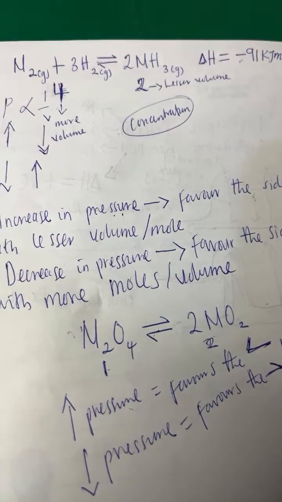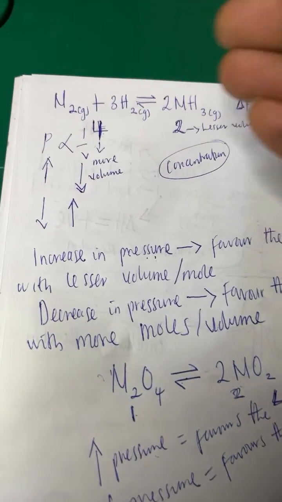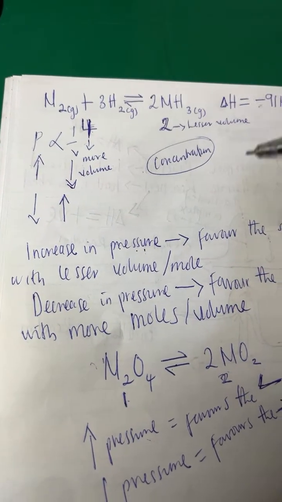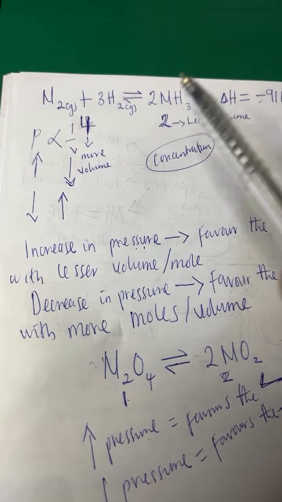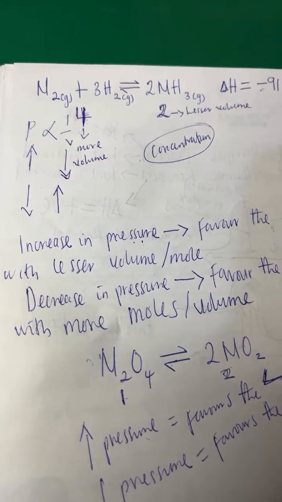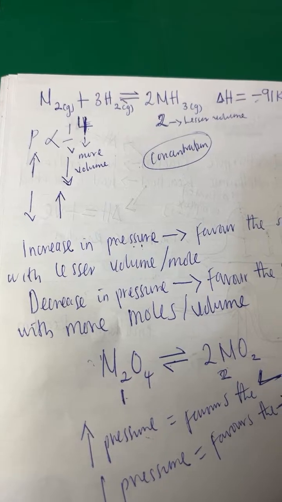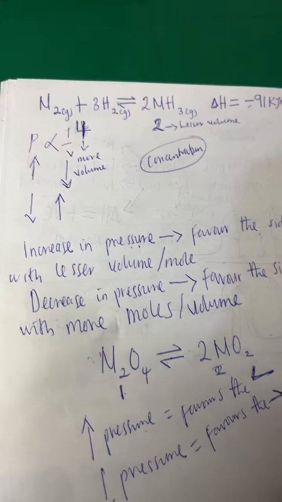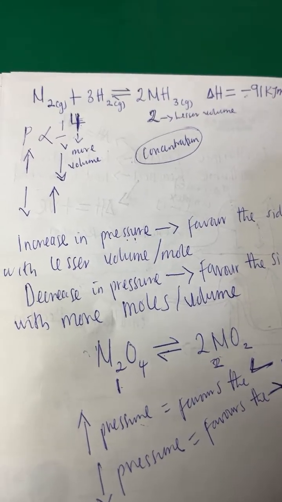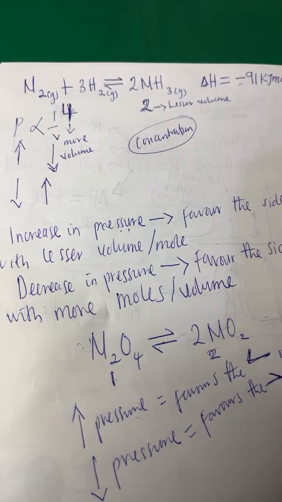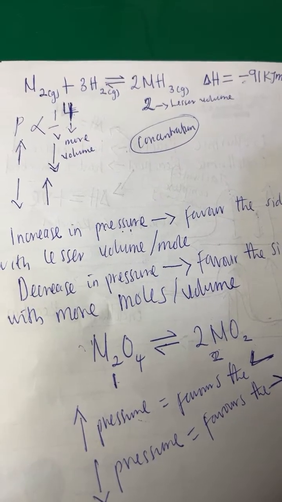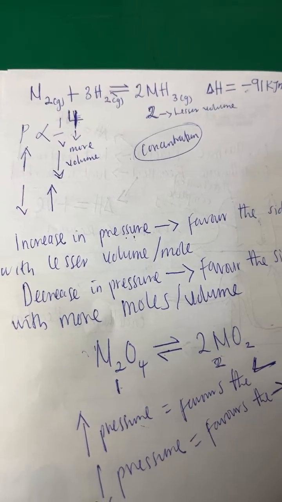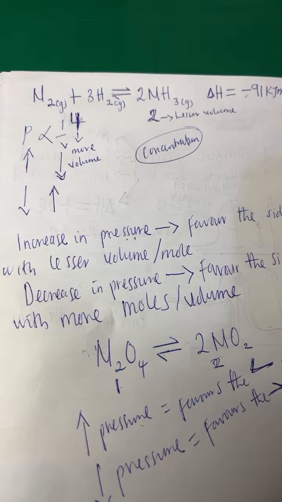Good. Now, for our normal equations, if there is an increase in concentration, the reaction must favor the side that is less concentrated.